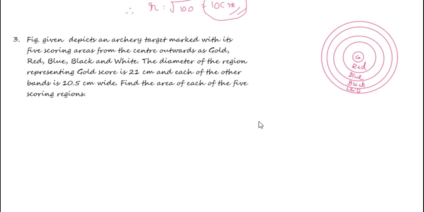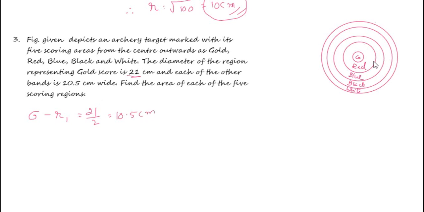Third exercise. Figure given depicts an archery target marked with its 5 scoring areas from the center onwards, as the insidemost area is gold, then red, blue, black and white. The diameter of the region representing gold is 21 centimeter. So for the gold region, I will represent the radius as R1, that is equal to 21 by 2, because diameter divided by 2 is 10.5 centimeter.